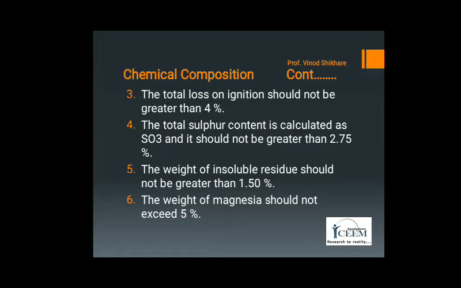The total sulfur content is calculated as SO3 and it should not be greater than 2.75%. The weight of insoluble residue should not be greater than 1.5%, and the weight of magnesia should not exceed 5%.